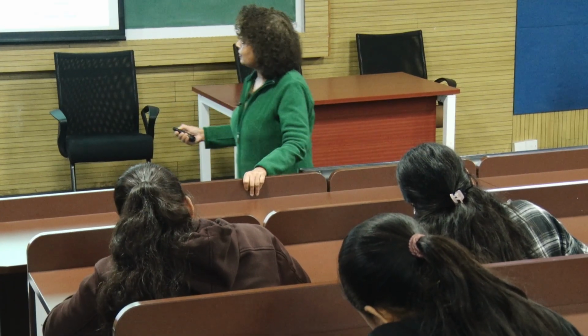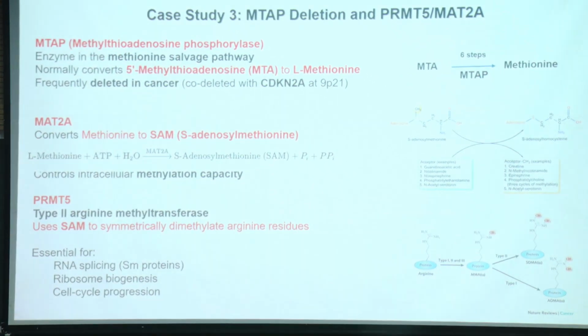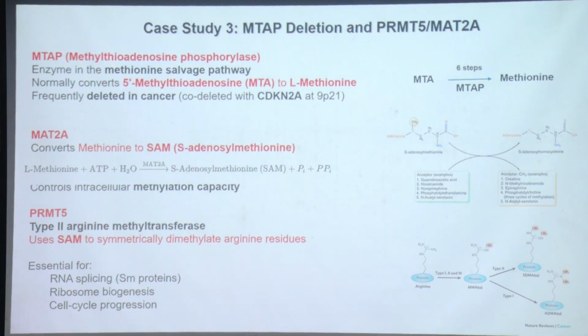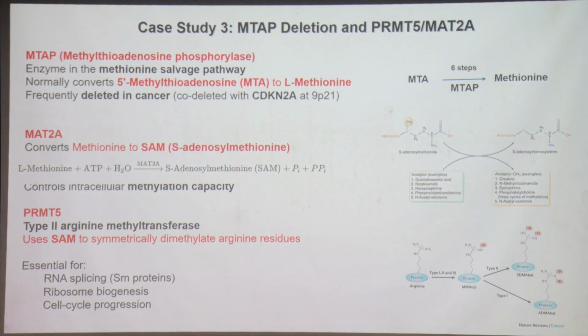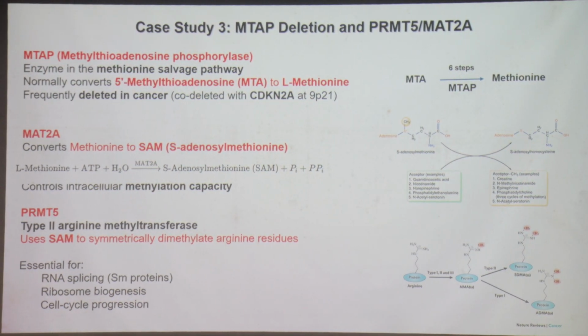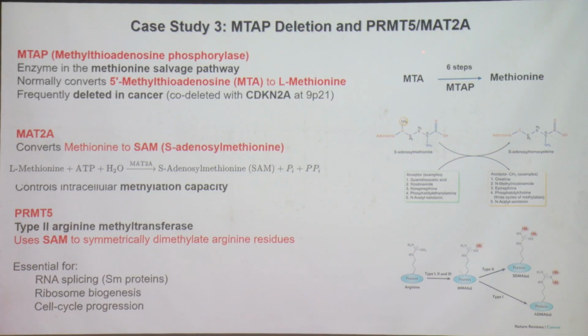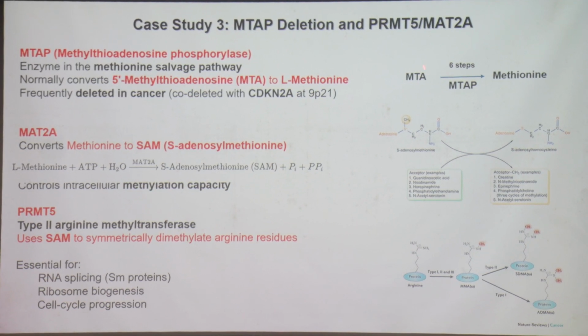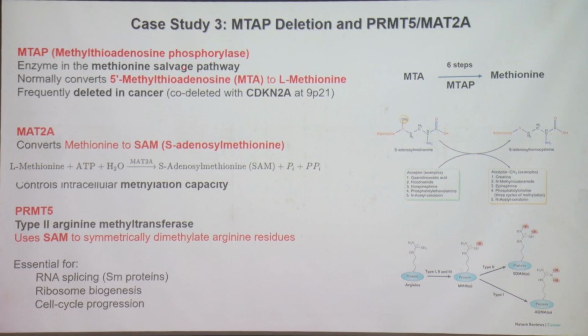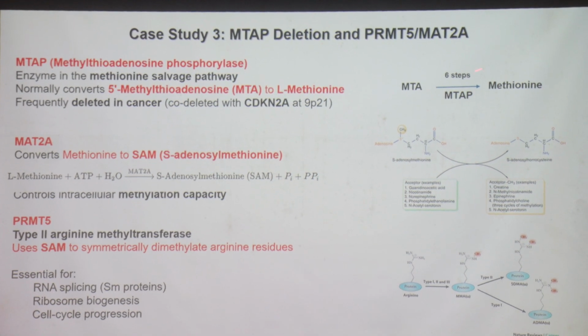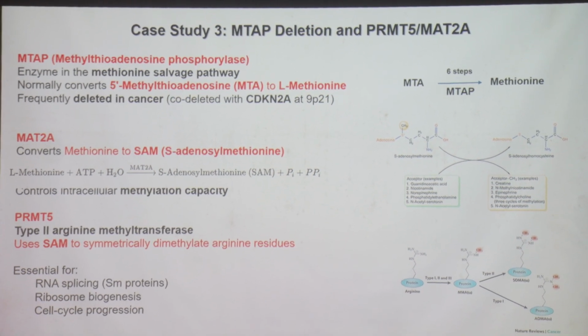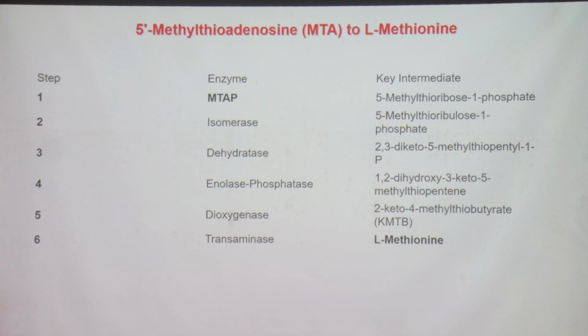So this enzyme MTAP is involved in the methionine salvage pathway. That means it is involved in the synthesis of methionine. And this is MTA, 5-methylthioadenosine. It is converted to methionine in 6 steps. You don't have to remember the 6 steps, I have shown them here.